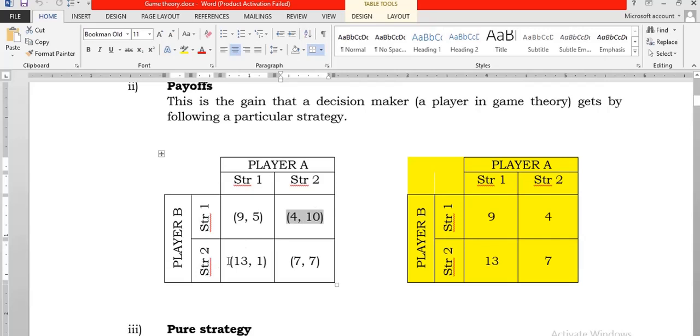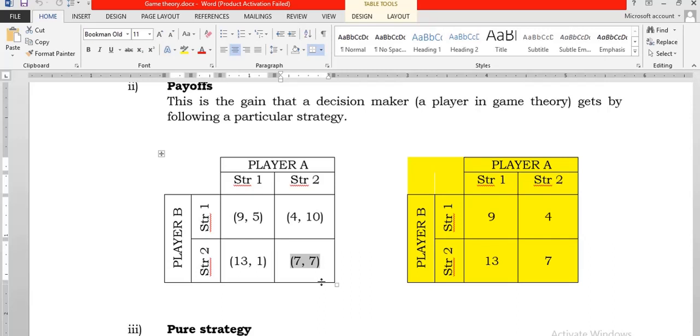If you apply strategy 2 against strategy 1 of player A, that means that player B will get 13 and player A will get only 1. And if both of them apply strategy 2, they'll all go home with the equal number of customers, that is 7, 7.